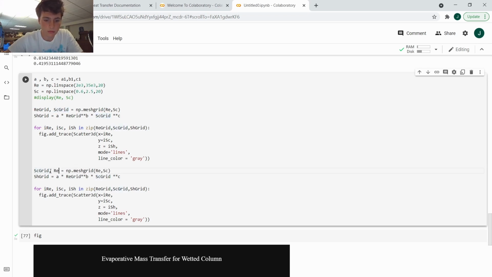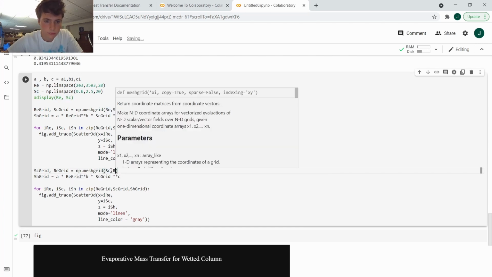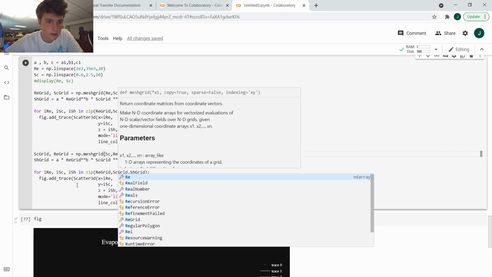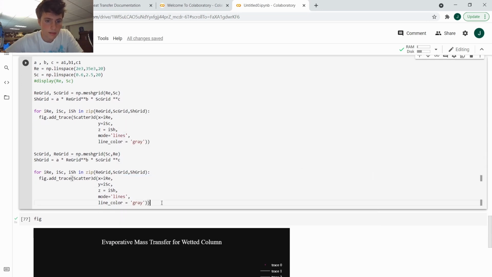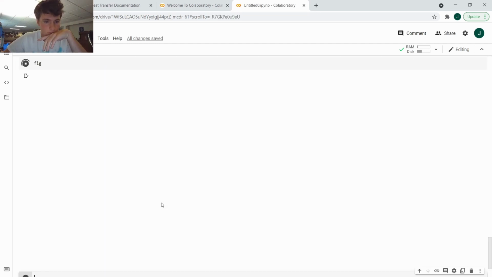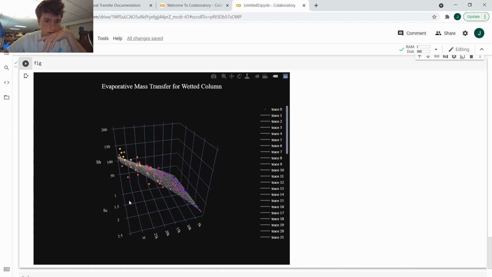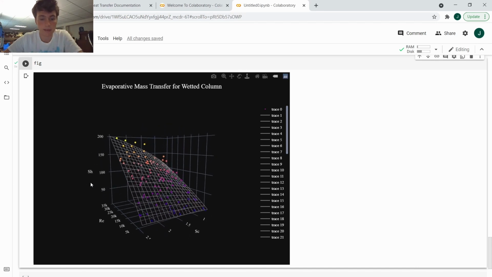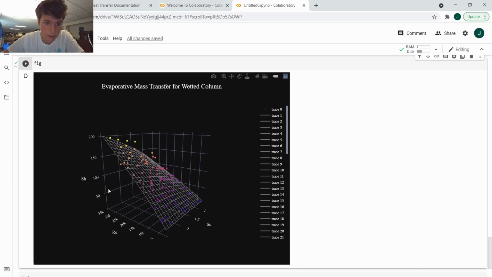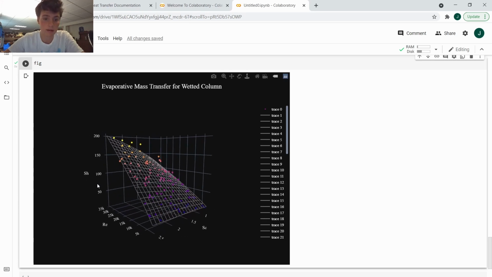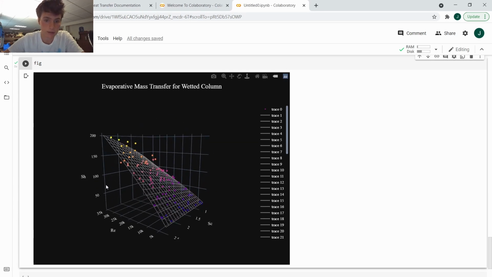This time we want the Reynolds grid to be held constant. Just like that. And this should do the same thing we did before, but this time the Reynolds number is going to be held constant. And there we go. That's our surface, and that is what our model predicts. And we see that it fits our experimental data really nicely.